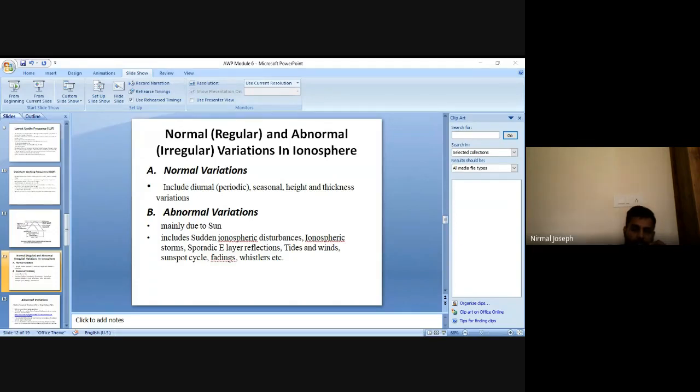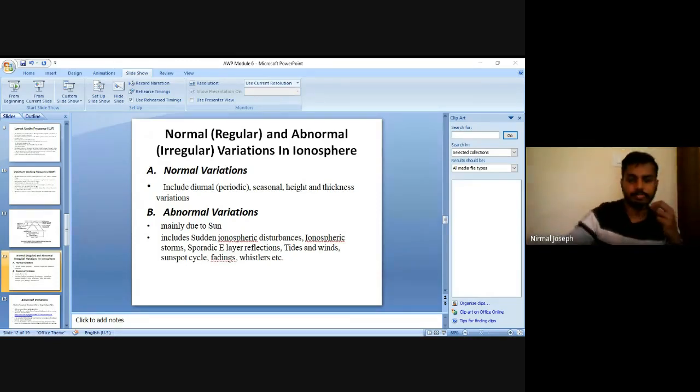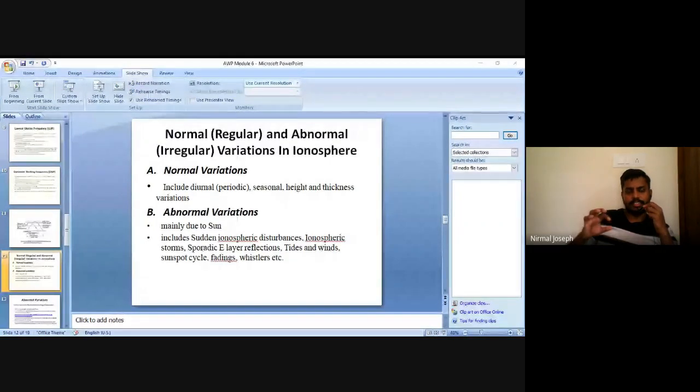While discussing all these topics, I have told you the ionosphere is not constant. The ionosphere is always changing. It is not at all constant. Its characteristics and properties keep on changing.